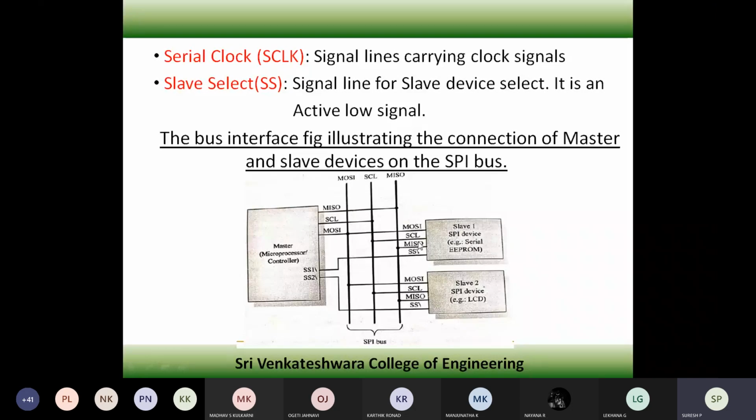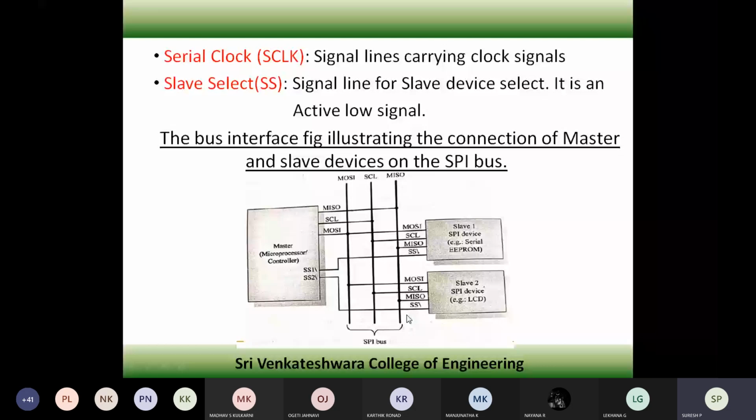If I send a low signal to SS2, then it is going to select slave 2. Depending upon which line the master sends low, that particular slave will be selected. If you want to select slave 1, it will make the SS1 line low. If I want to select slave 2, it will make the SS2 line low. Whichever line is low, that particular slave will be selected.